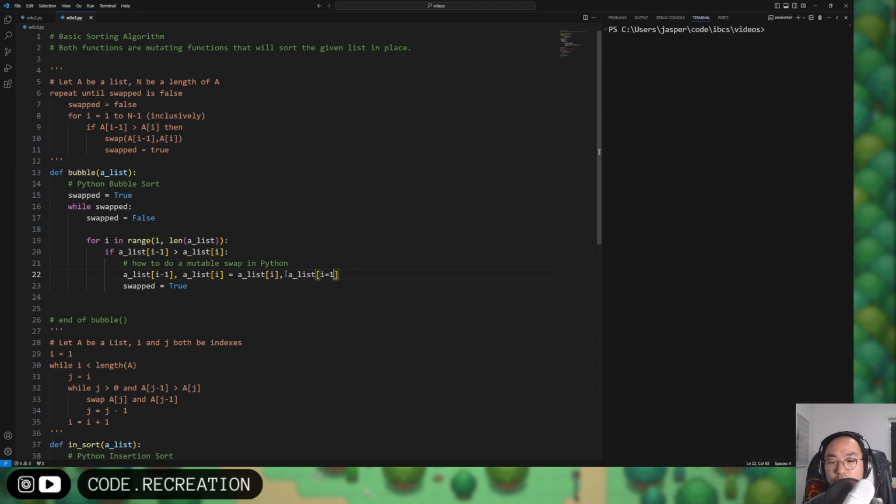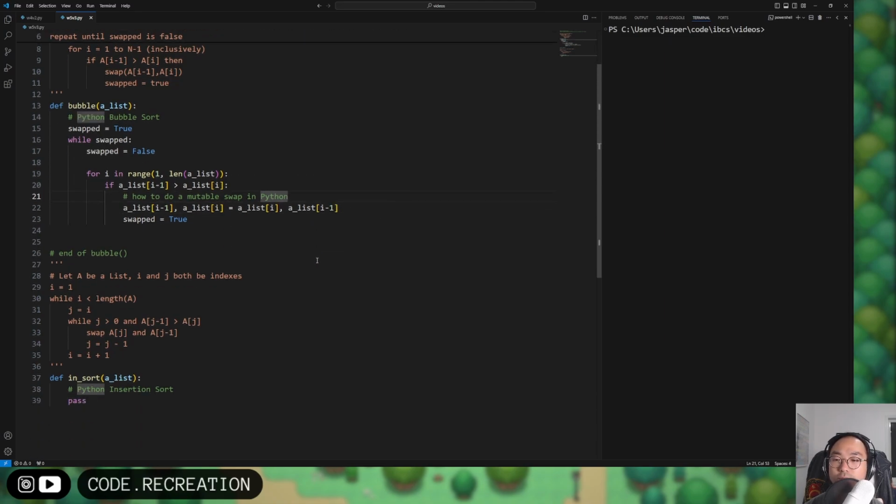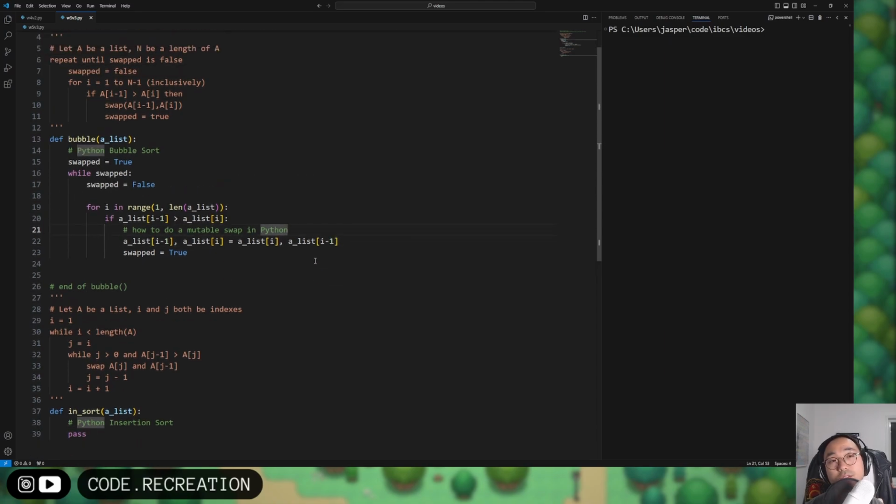This is the most Pythonic way for us to swap two values in a list, since lists are mutable, and we get to reassign those values at these indexes. We're saying that a list at i minus 1 is now going to have the value at a list at i, whereas a list at i is going to have the value at a list at i minus 1. So this is the most Pythonic way to do this.